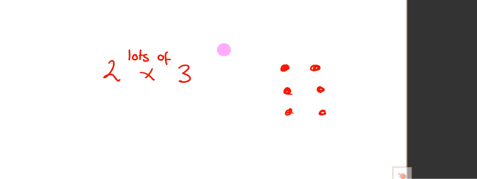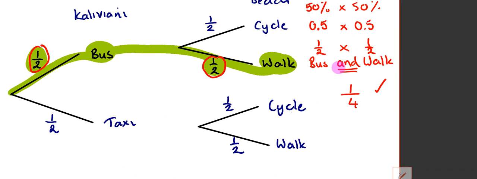I hope you learnt it in P4 or whatever when you started doing multiplication. I don't say lots of anymore because I hope you know what that means. But the reason I bring you back to this is because 2 lots of 3, or 3 lots of 2, makes this make sense.